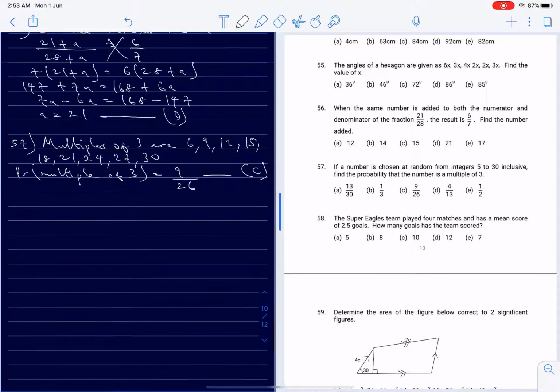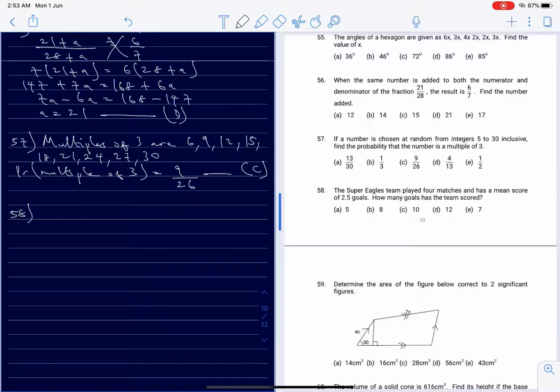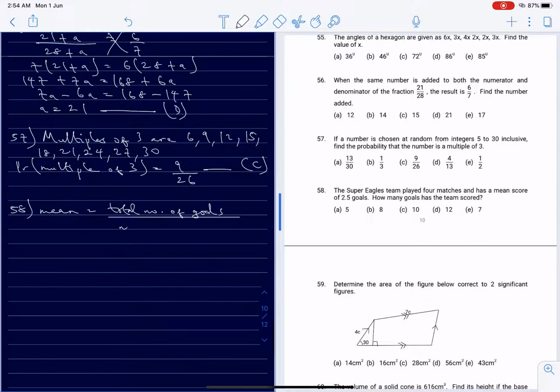And the next one, number 58: the Super Eagles team played 4 matches and has a mean score of 2.5 goals. How many goals has the team scored? 4 matches. Mean equals total number of goals divided by number of matches.